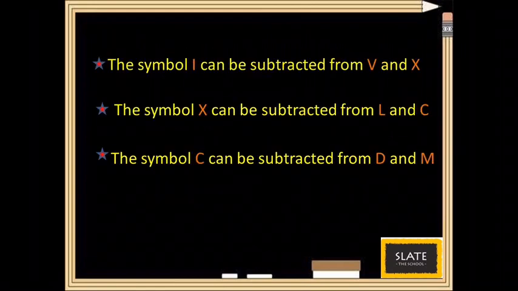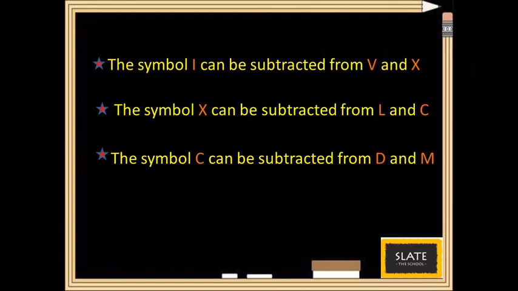The symbol I can be subtracted from V and X. The symbol X can be subtracted from L and C. The symbol C can be subtracted from D and M. Slaters, hope you all understood the rules of these Roman numerals. I am sure all can write the Roman numerals now. Shall we write some more examples?